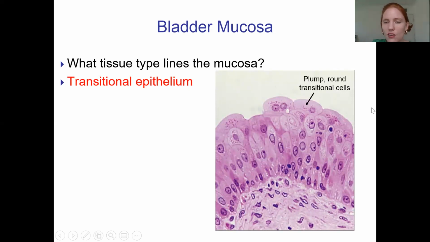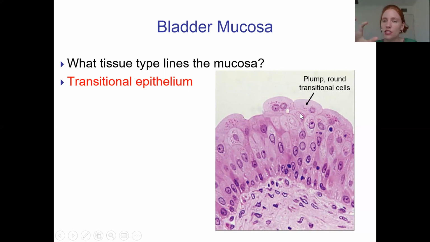If you look at the transitional epithelium when the bladder is empty, so it's not stretched, not distended, just relaxed, here's what they look like. Remember, they have those very distinctive plump round cells at the top, and that's what helps you distinguish it from stratified squamous epithelium. Those plump cells at the top.